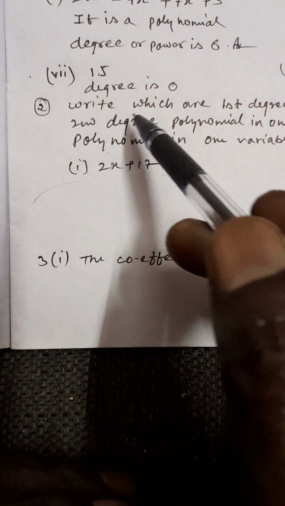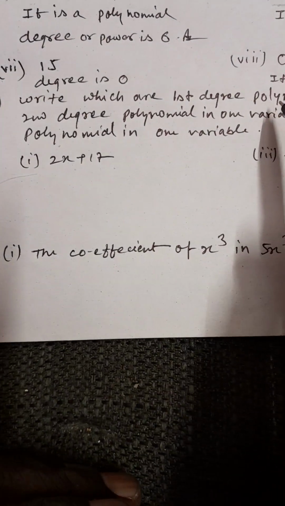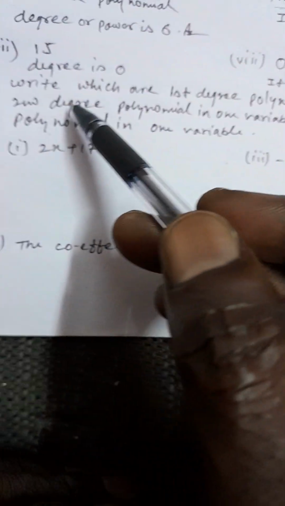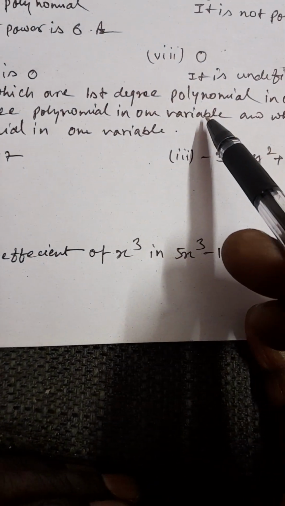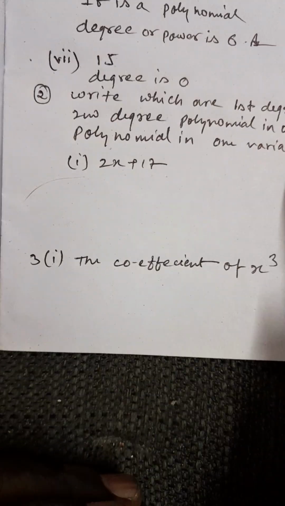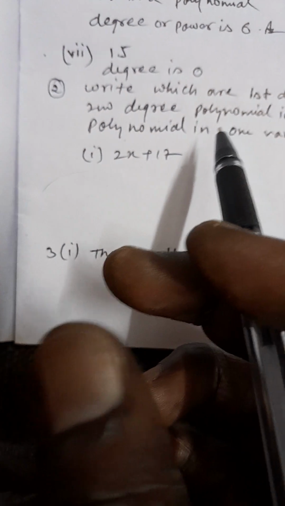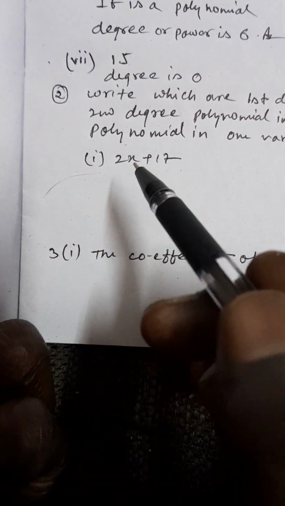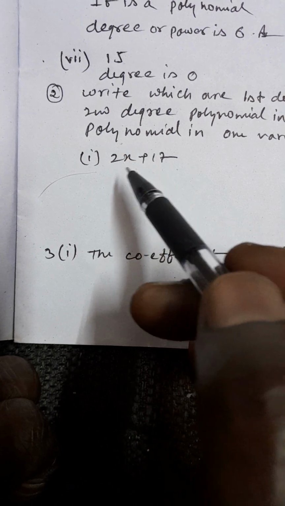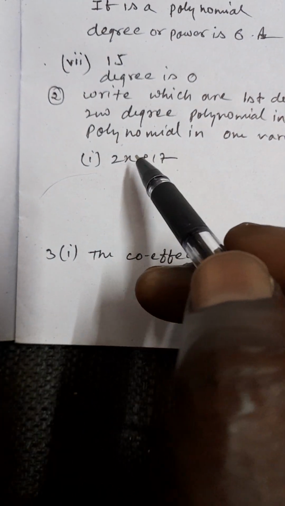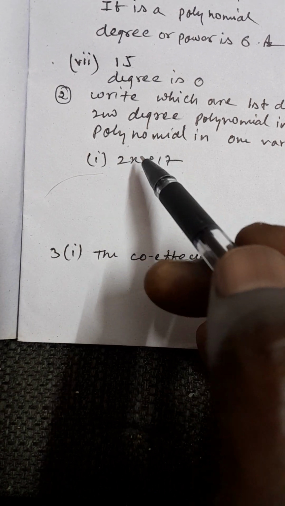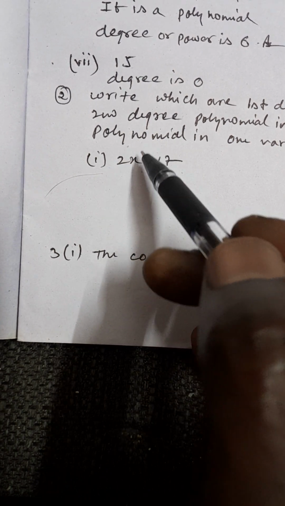Next, write which are first degree polynomials in one variable, which are second degree polynomials in one variable, and which are third degree polynomials in one variable. I told you what variables are. Variable means the indeterminates or the alphabets. So here we can see how many alphabets or variables there are.